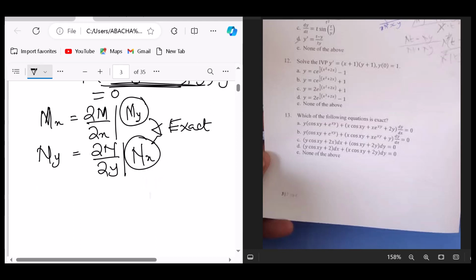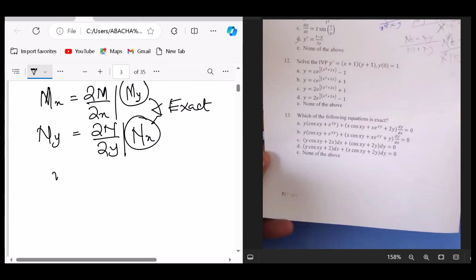Or let me just try one for you. So I have y cos xy plus y e power xy. So let's assume this is my M. Now M y will be equal to, so remember that I'm doing everything with respect to y. So here I'll use product rule. I'll keep y and differentiate this.